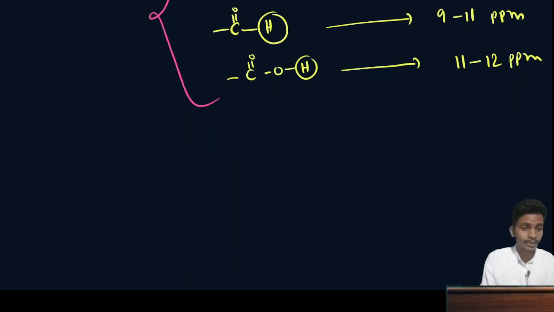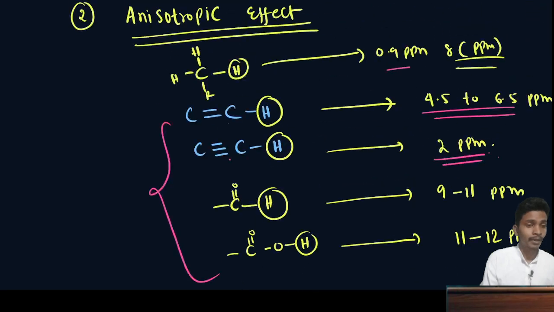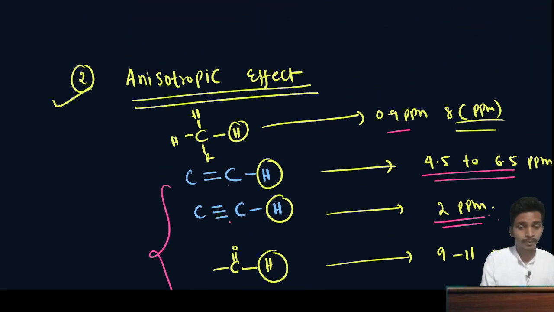Also for benzene rings, I have told you that for this hydrogen the chemical shift value is 6.5 to 8.5 ppm. So why is this chemical shift value so high? That is explained with the help of the anisotropic effect.